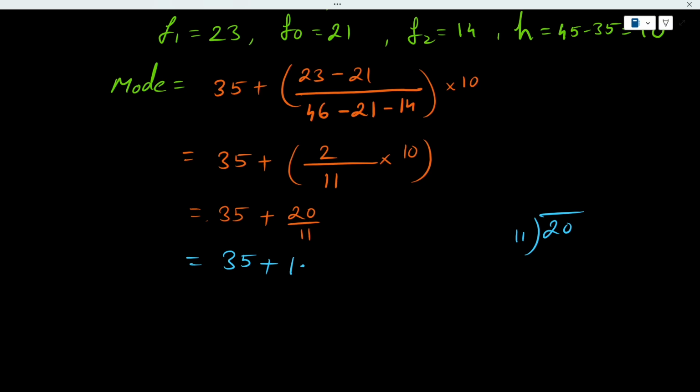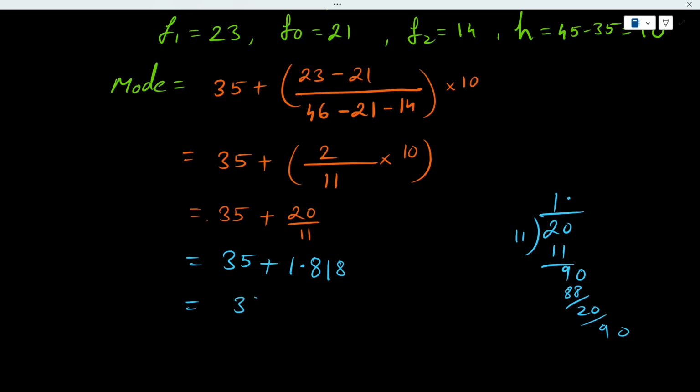So 20 divided by 11: 11 ones are 11. What is the remainder? 9, right? Add a decimal point and a 0, 11 eights are 88, so the remainder is 2, again 0, 1. 11 ones are 11, again 9 is the remainder, so it will be a recurring decimal, 8181. So I'm taking up to 3 places.